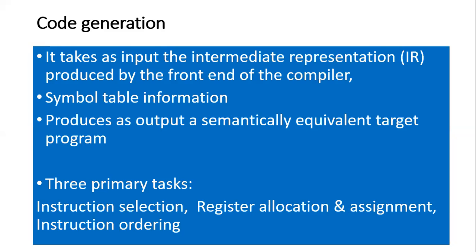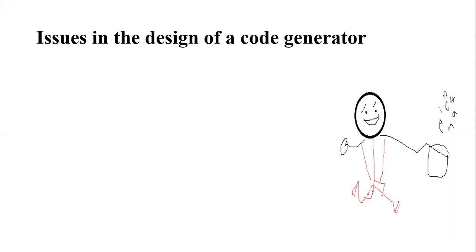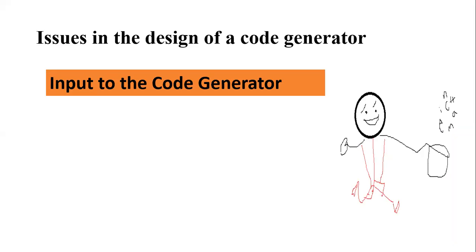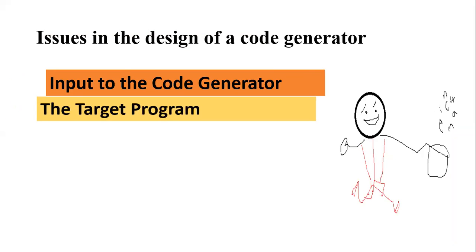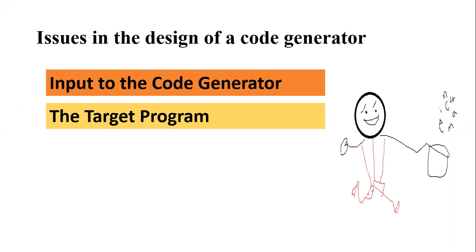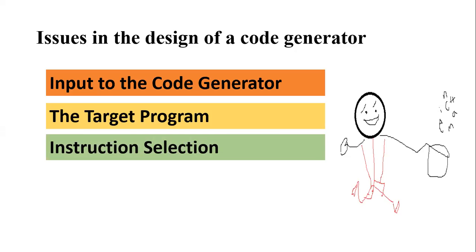Okay, and when we are talking about code generation, some issues we have to consider, that are the issues in the design of a code generator, that is input to the code generator. Next, the target program. This is also another important phase where we have to consider the code with respect to the target program. Next, instruction selection.